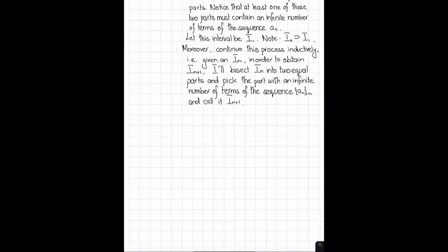There are two things to note. I of 0 is a superset of I of 1, which is a superset of I of 2, and this continues indefinitely. Also, the length of these intervals shrinks to 0 as n approaches infinity.